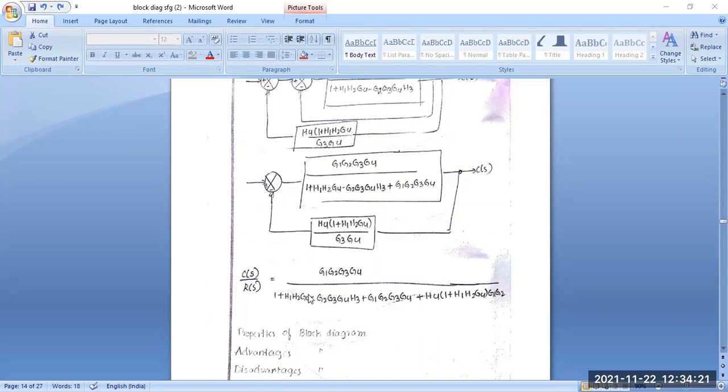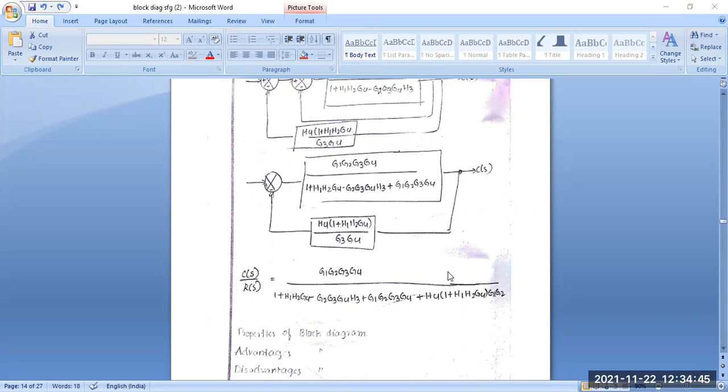Clear? So when you calculate these equations, that is G1, G2, G3, G4 divided by the denominator, this is also coming. But in that case, when you apply 1 plus GH, this total is also coming, plus H, it is also coming. So you have to calculate it. This denominator part is also cancelling down.